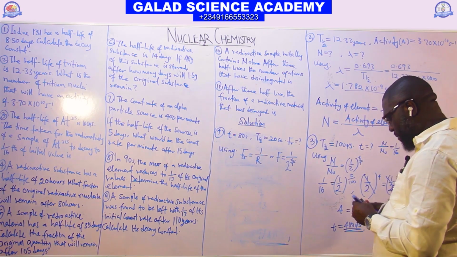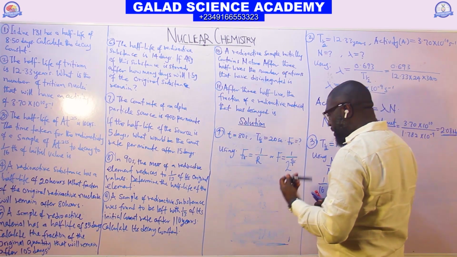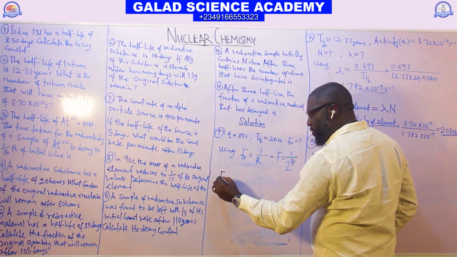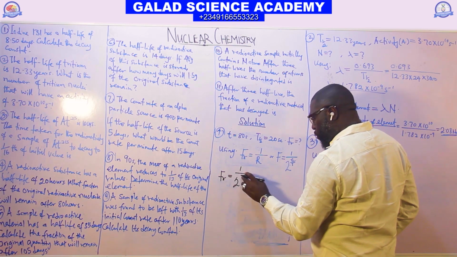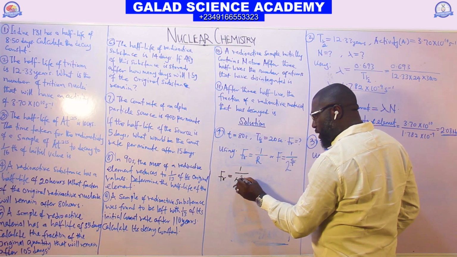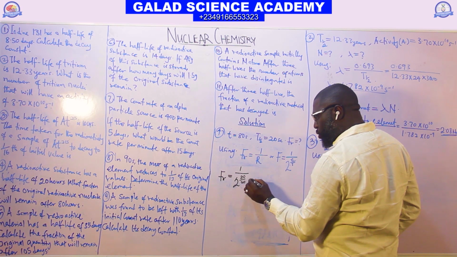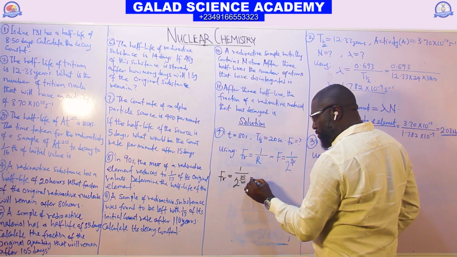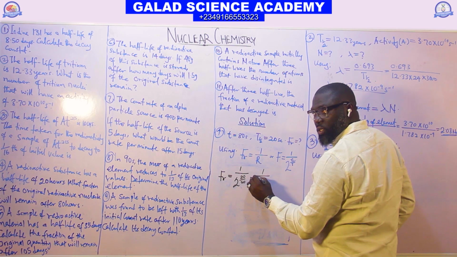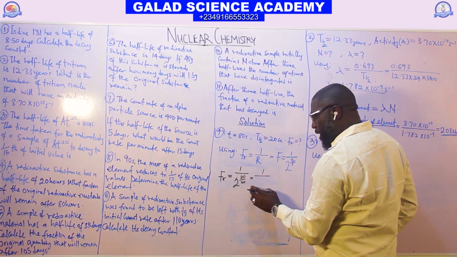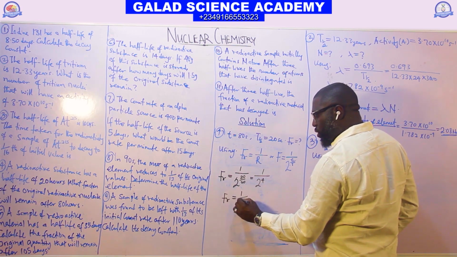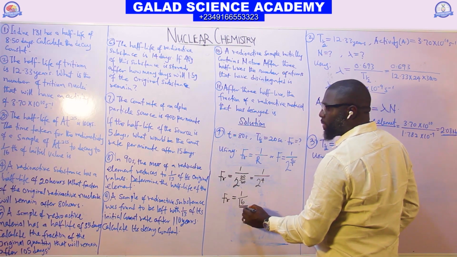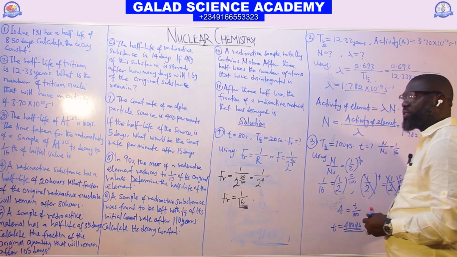Since it is the fraction remaining, FR should be 1 over 2 to the power small t over capital T. What is my small t? 80, capital T, 20. So it will now give you 1 over 2 to the power 4. Therefore, the fraction remaining is 1 over 16. That is the final answer for that one.